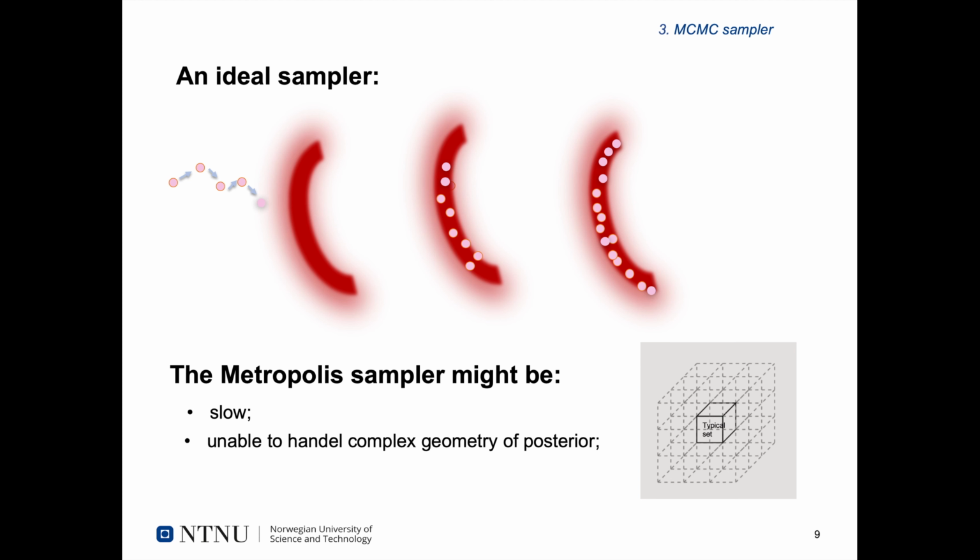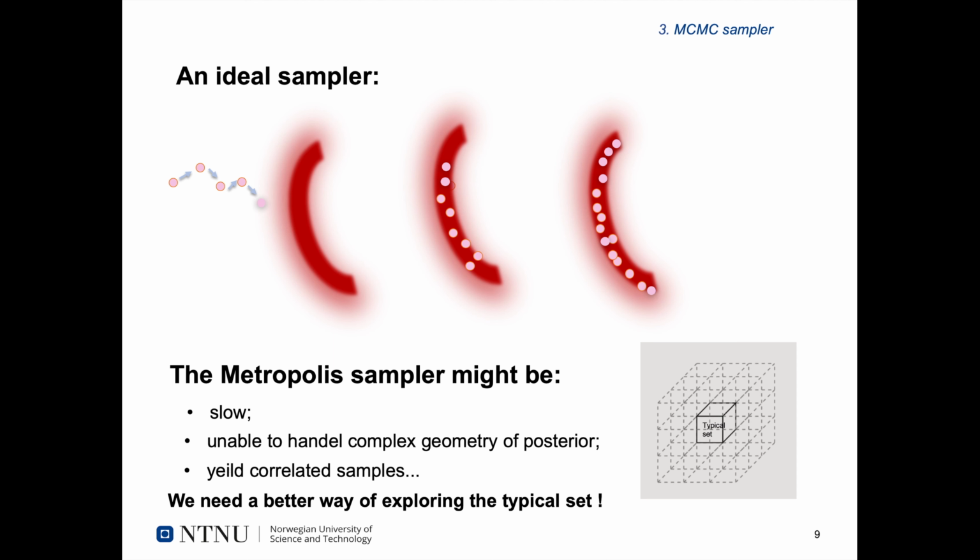The density of this point is so small that the acceptance probability becomes negligible. In this case, almost all the proposals will be rejected, and the resulting Markov chain will only rarely move. There are other issues that might arise from the Metropolis sampler, including correlated samples. So we need a better way of exploring the typical set.